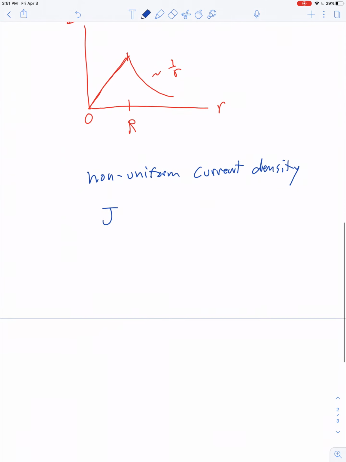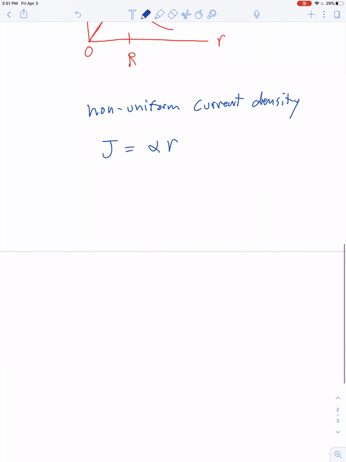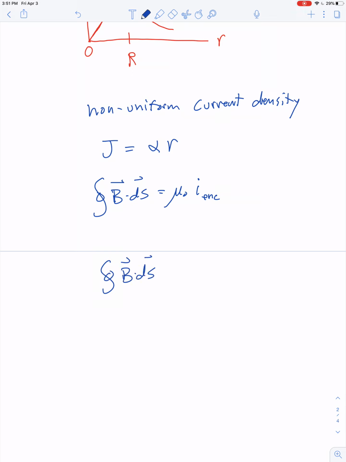And maybe we can describe that by saying J is equal to alpha times r. So Ampere's law says the integral of B dot ds is equal to mu naught times I enclosed, but then again, I enclosed can often be replaced with the integral of J dA.